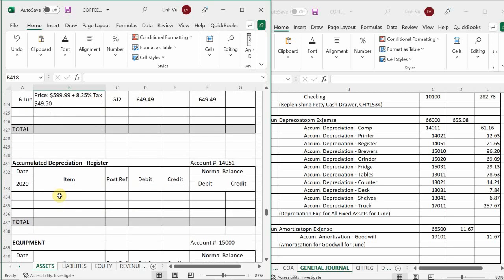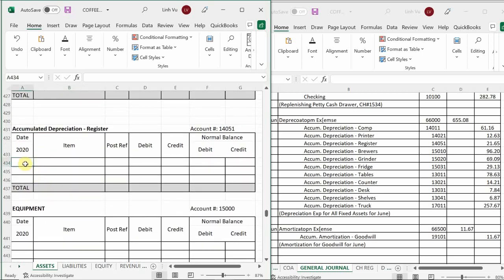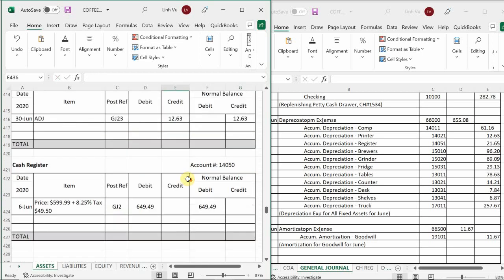The accumulated depreciation for the register, which is a credit for $21.65. Okay, remember it's a credit balance.